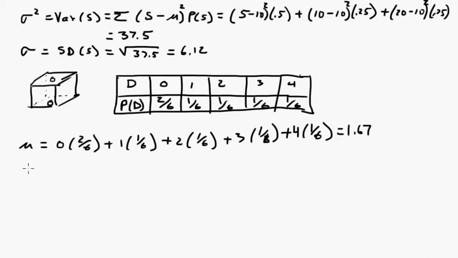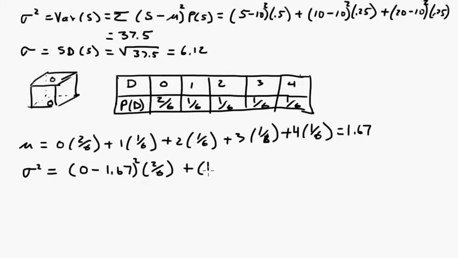Now to find the standard deviation, we have to take 0 and subtract off 1.67, square it, and multiply it by 2 over 6.